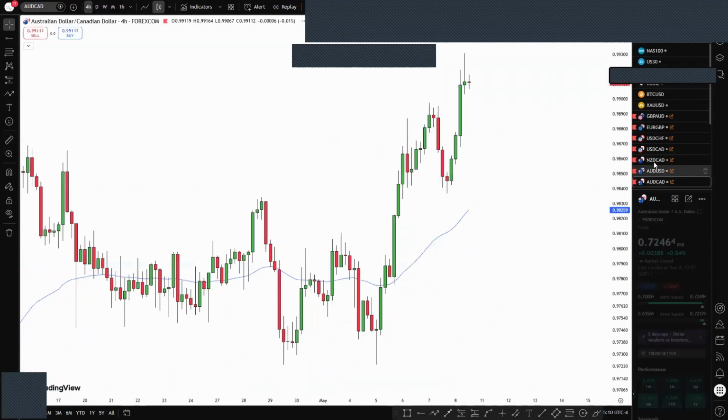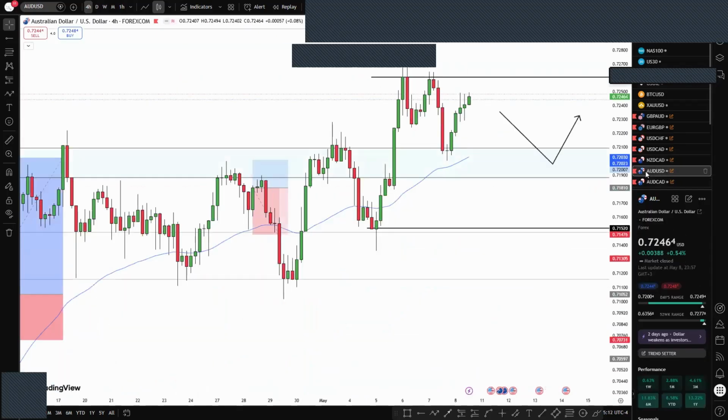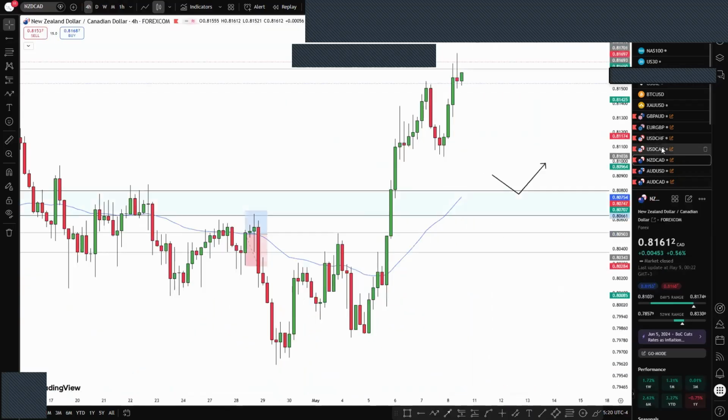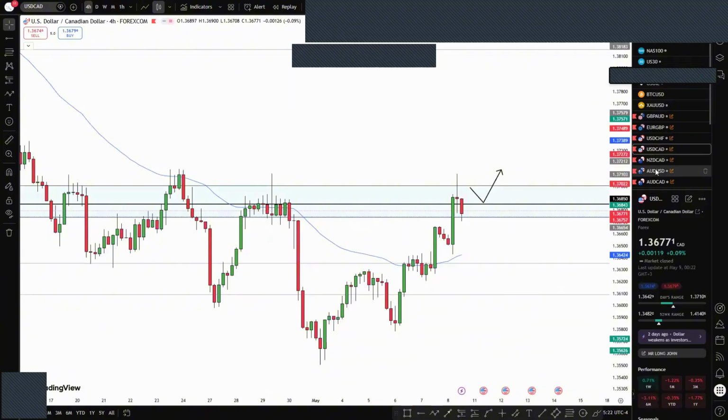One reason I might go with AUD is because I have a lot of AUD card pairs and I need a bit of balance because all these are just going the same direction as you can see.